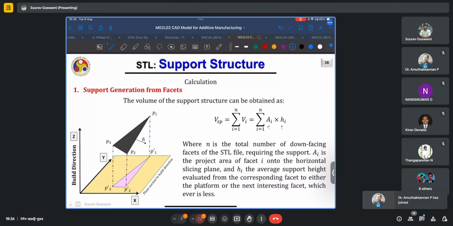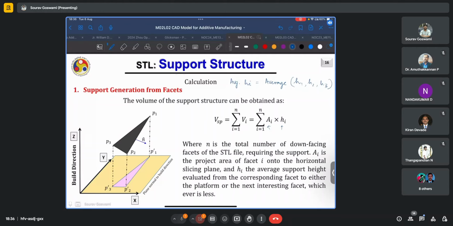How we calculate the average height is simply by taking the mean of the heights of the 3 points. In this case, they will be the z components of the 3 points: heights h1, h2, and h3. This will give us a gross idea. Of course, it's not exact.